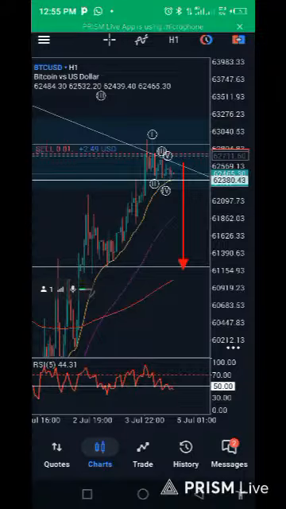On one of my lives, I'm going to be teaching a free class of Elliott waves, how to count your Elliott waves on a live trade. So like and subscribe.